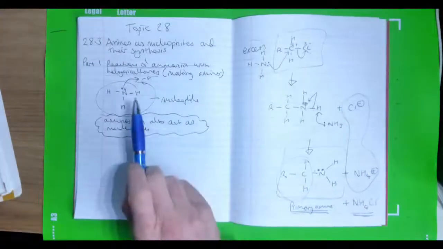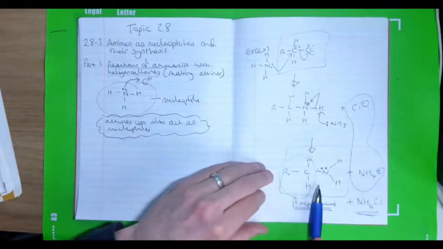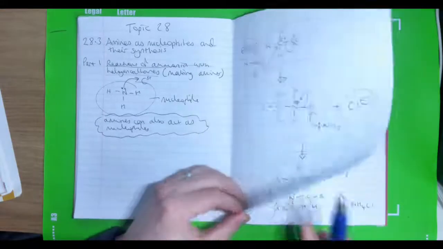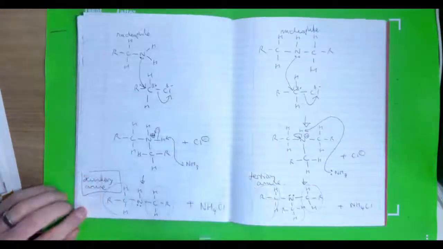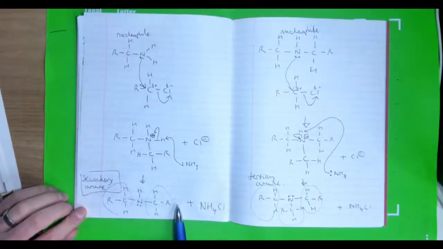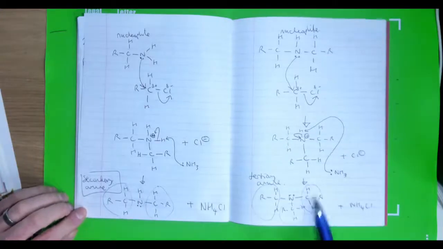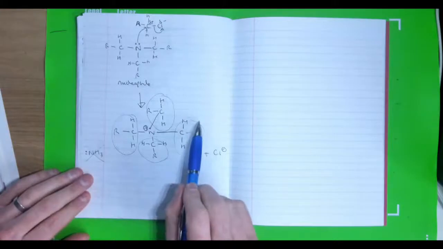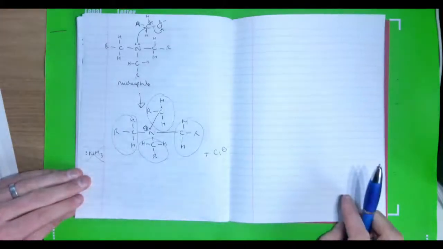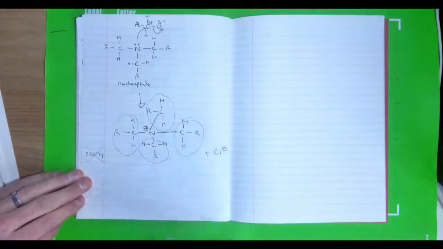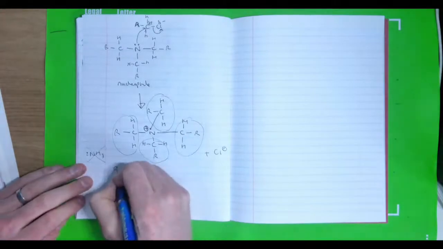So what we've got here is ammonia, a primary amine with 1 R group, a secondary amine with 2 R groups, a tertiary amine with 3 R groups. So we're going to name this type of molecule here, and it starts off with this word here.